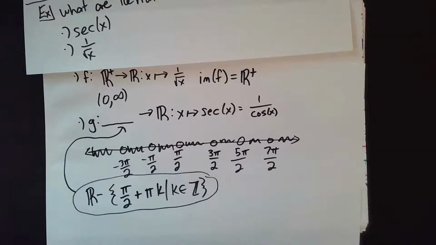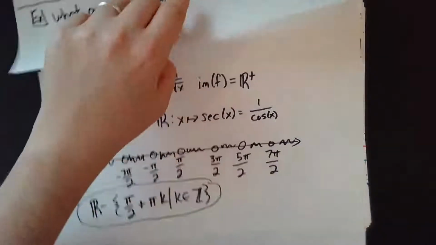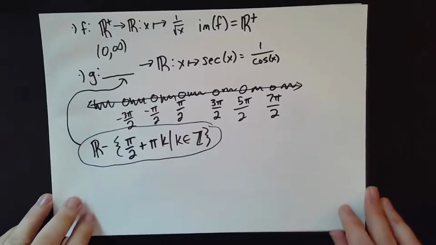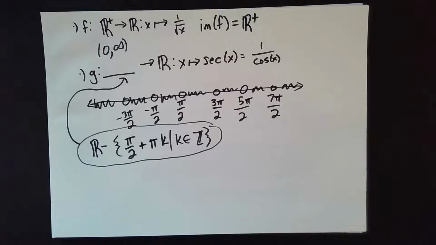Okay, so what's the image? Again, unless you have also memorized the graph of secant, you will probably have to look at a graph or think about this for a second to come up with what the image of this function is.